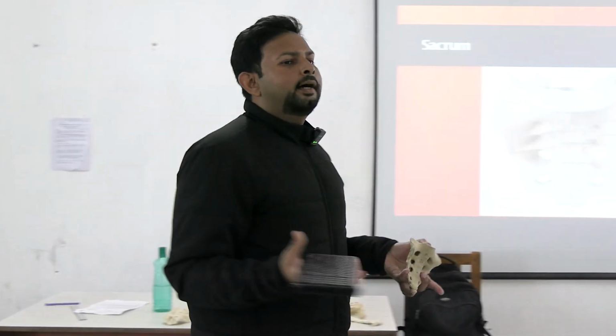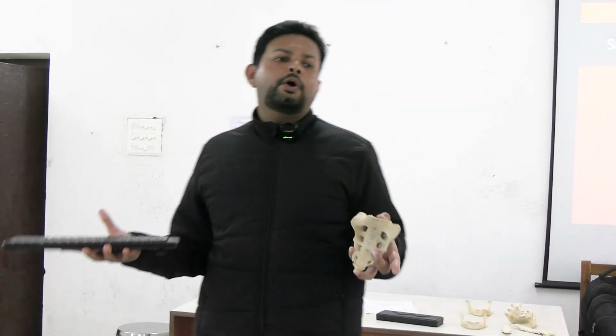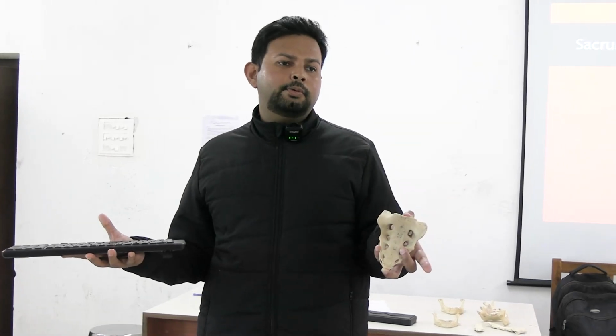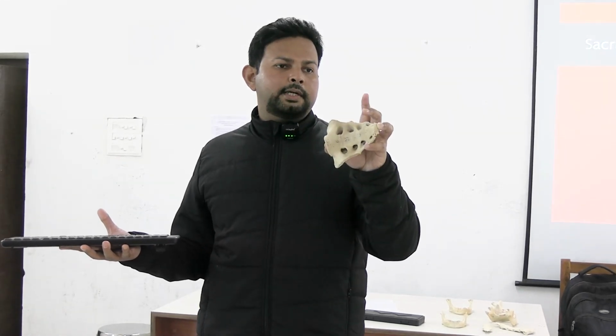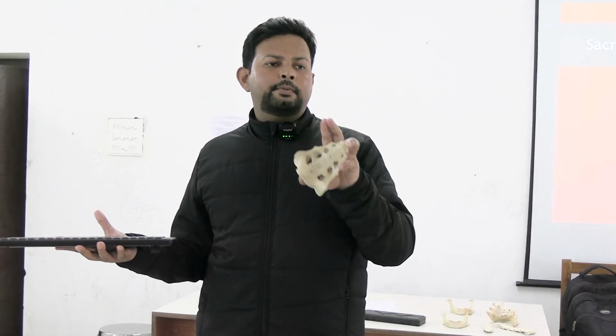So what is the precipitation test? In the precipitation test, we take a test tube, right? And we add normal saline inside the test tube and keep a fragment of the bone. Suppose whatever fragment is given to you, from that fragment we take some small fragment. Then we put it in the normal saline in the test tube and soak it for some time.